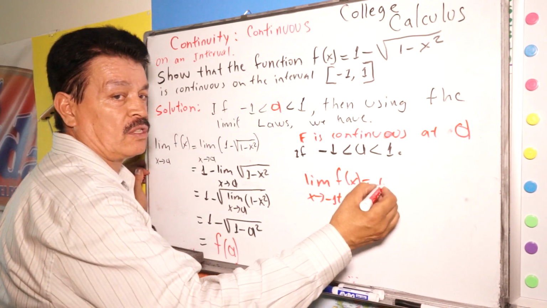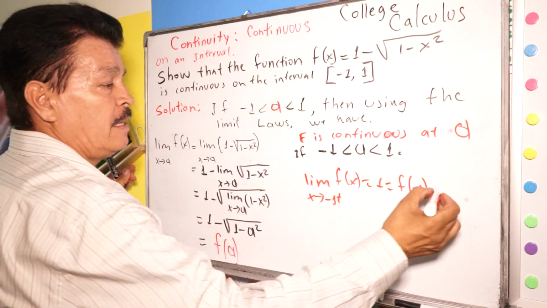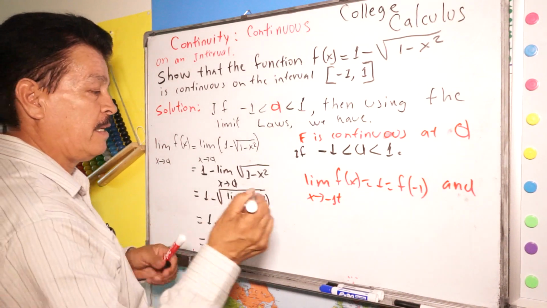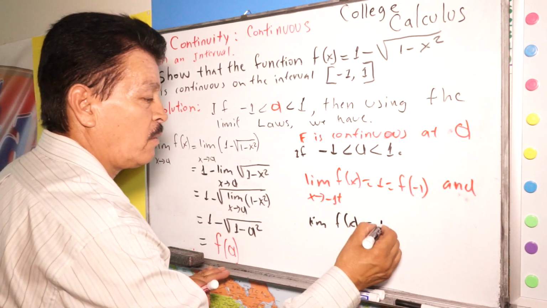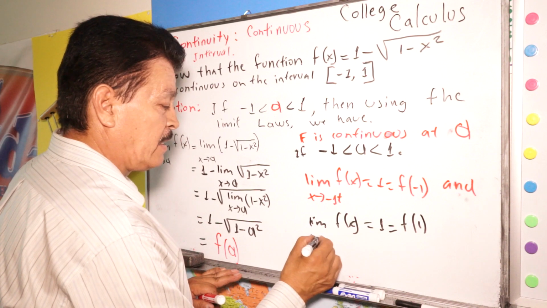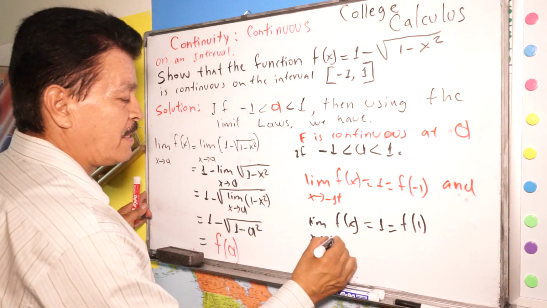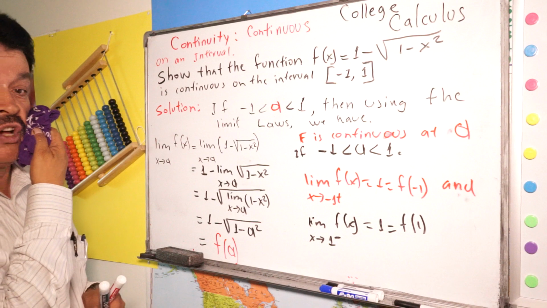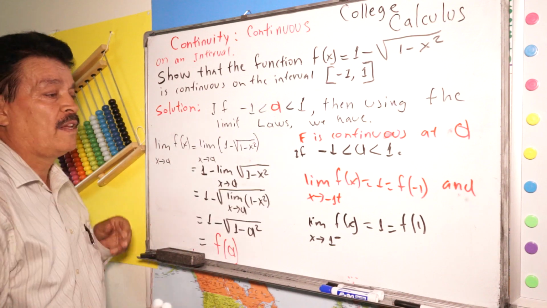So this equals 1, which equals f(-1). Similarly, the limit of f(x) when x approaches 1 from the left side, the left hand, equals 1, which equals f(1). So f is continuous from the right at -1, and continuous from the left at 1.